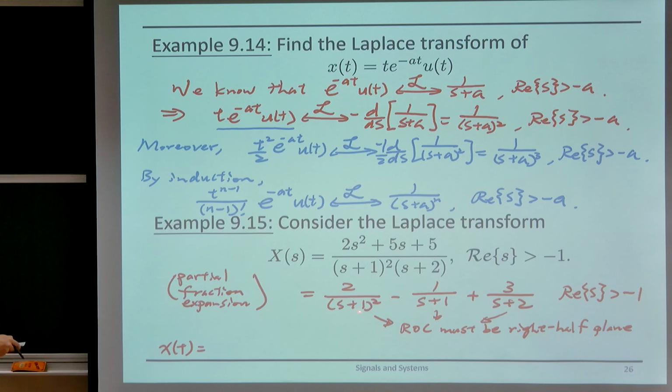And for this, with s plus 1 squared, it corresponds to this term here. So the time domain is this. Okay? So if you put this together, you get 2t e to the minus t minus e to the minus t plus 3 e to the minus 2t times u of t.